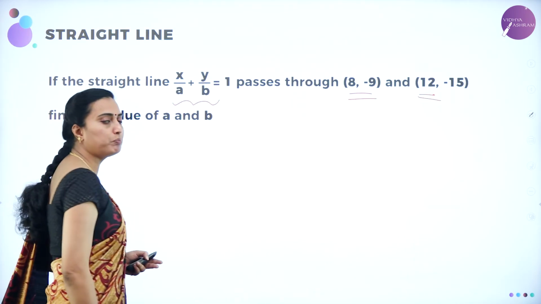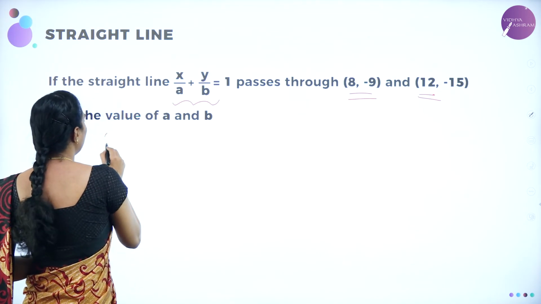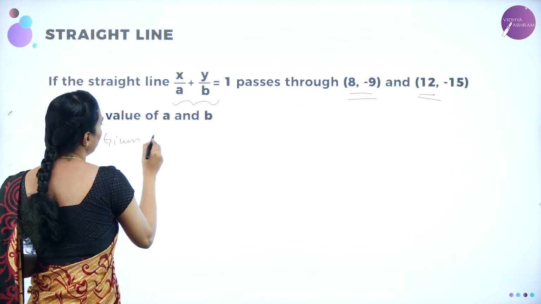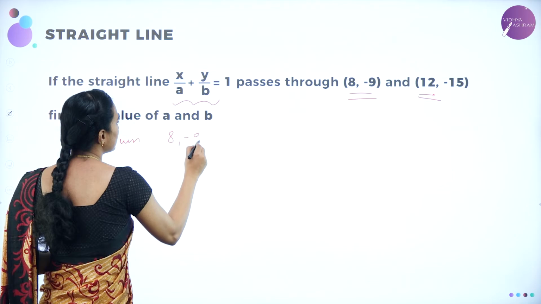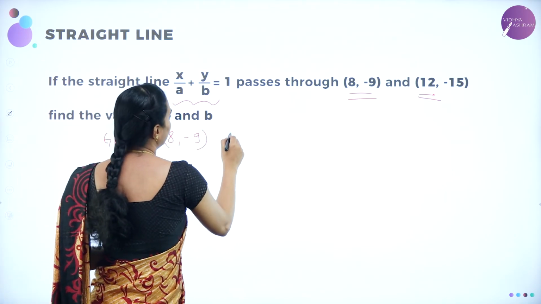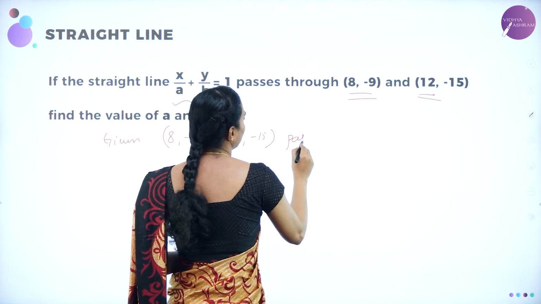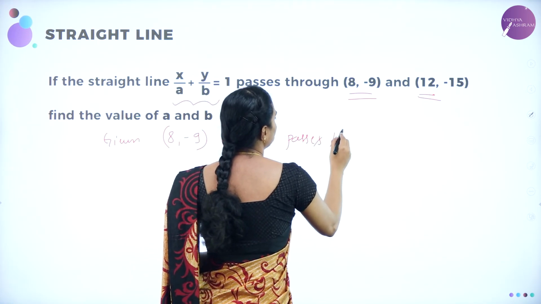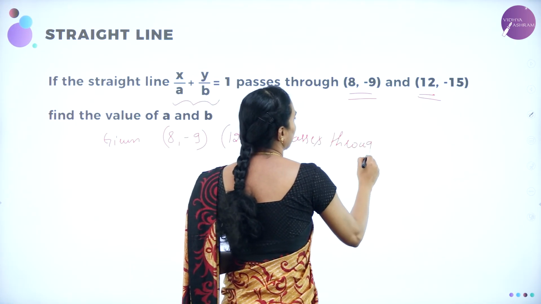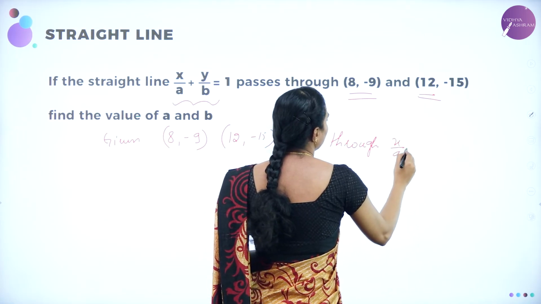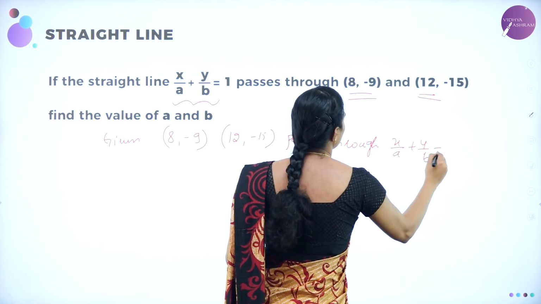Given that it passes through these 2 points, let me substitute those points in the given line. Given 8, minus 9 and 12, minus 15 pass through x by a plus y by b is equal to 1.